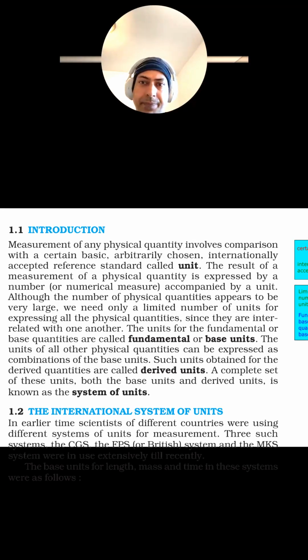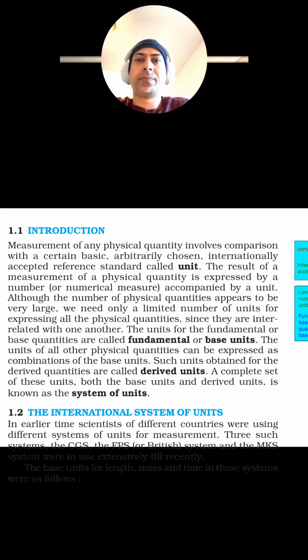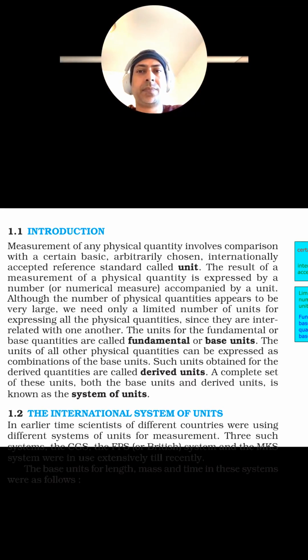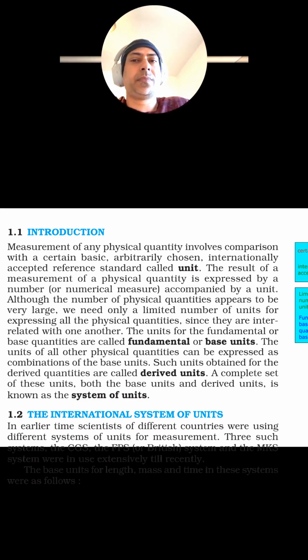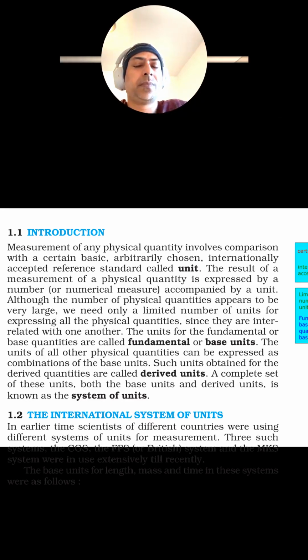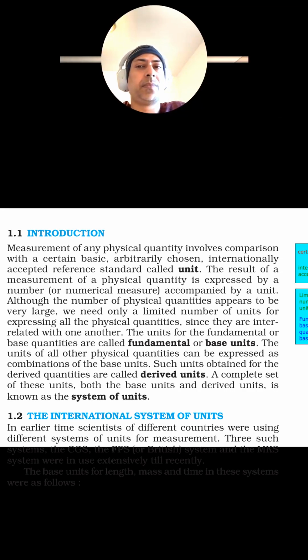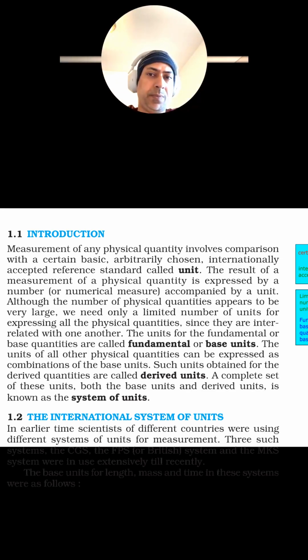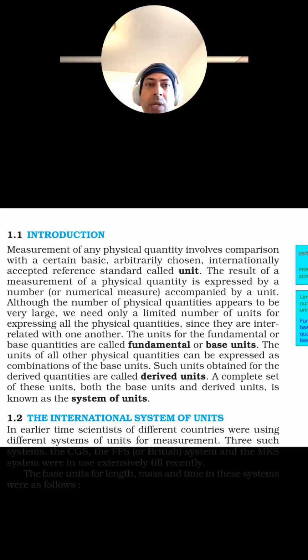For example, if we are measuring the distance of a road, we can say that this road is 10 kilometer long. The kilometer is the unit, and the 10 is the numerical measure. Perfect. Well done. So, let's move on.